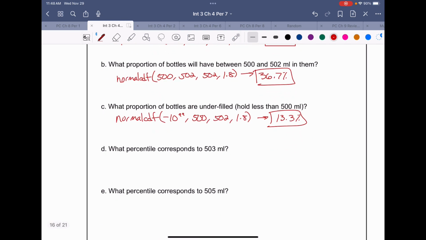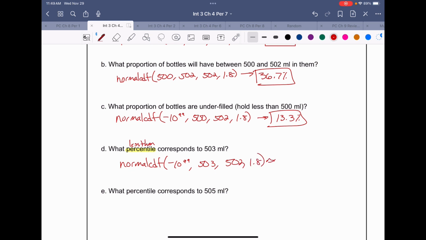Okay, now we get percentile questions. Remember, percentile was the first thing I told you today. Percentile is the percent of scores less than yours. So that means we're doing normal CDF. Percent less than 503. So negative 10 to the 99. 503, mean, standard deviation.